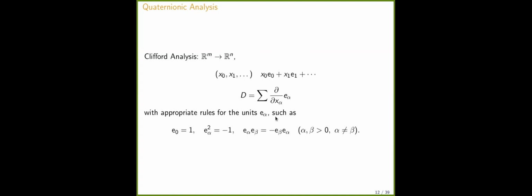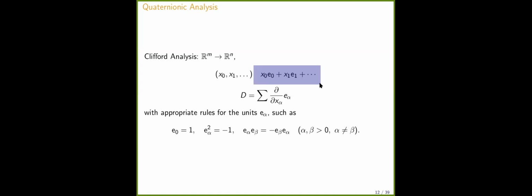Clifford analysis is a wide-ranging generalization of complex analysis, where you introduce different units, E1, E2, E3, and so on, to find an appropriate Cauchy-Riemann operator. And depending on how you set things up, you get a different kind of analysis of this variable.